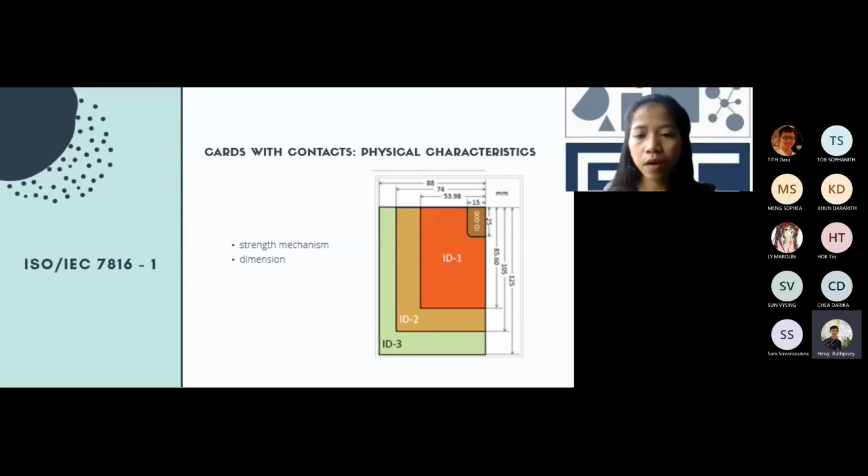We use ID-1, which has a dimension of 85.6 millimeters, and this type of smart card is also available as credit cards or debit cards, and this type of card has a thickness of just 0.76 millimeter.